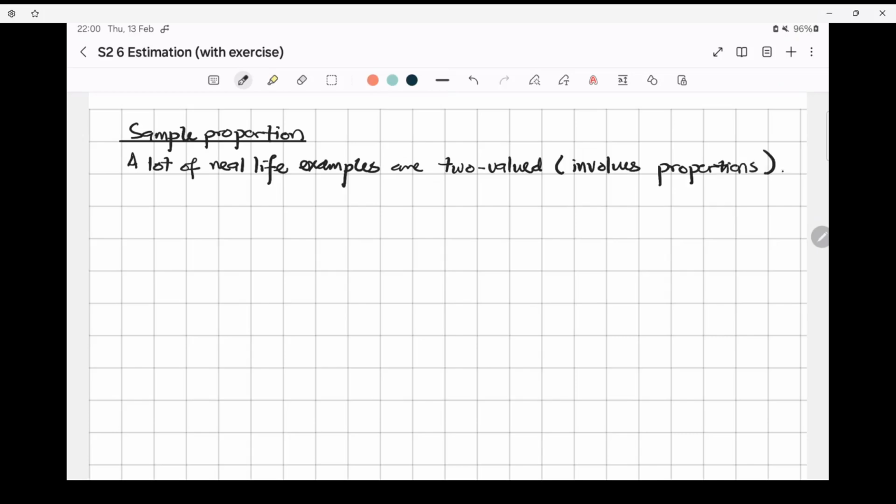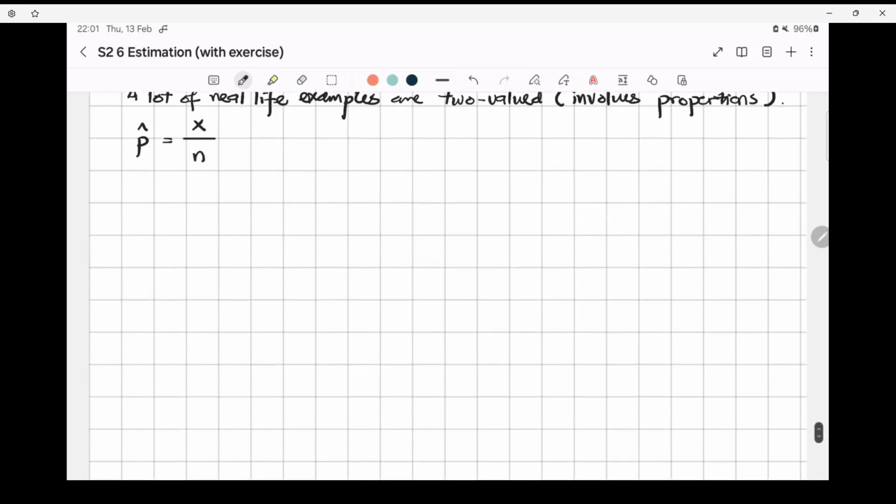Whenever you see those kinds of measures or samples, then you will use sample proportion. The proportion for a certain statistic is given by x over n, whereby x is the number of successes, and n is the total number of your samples. Your p hat is what we call the sample proportion.